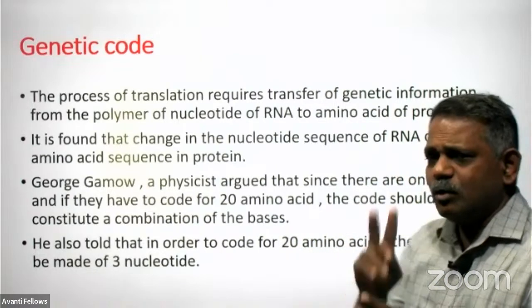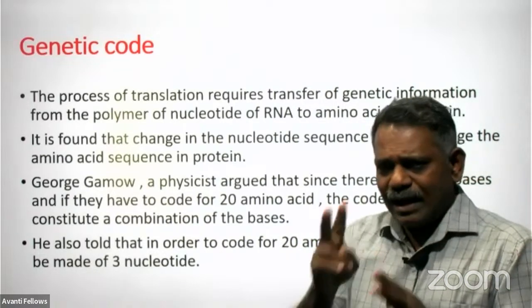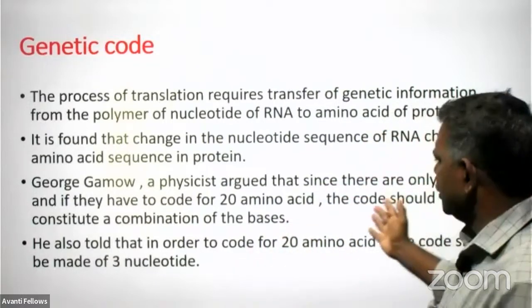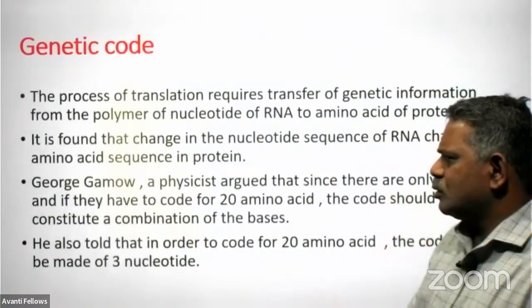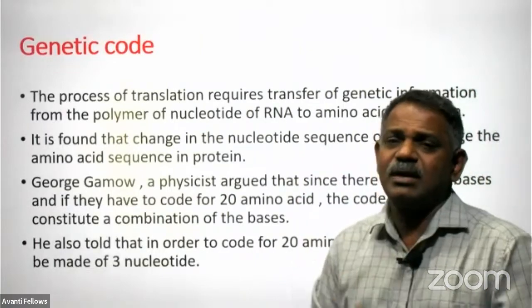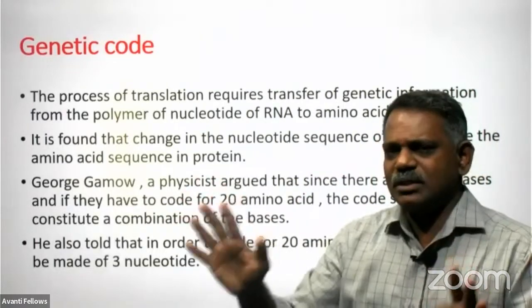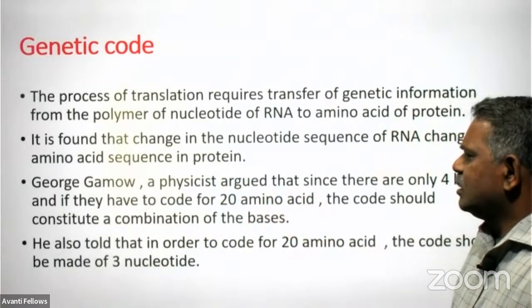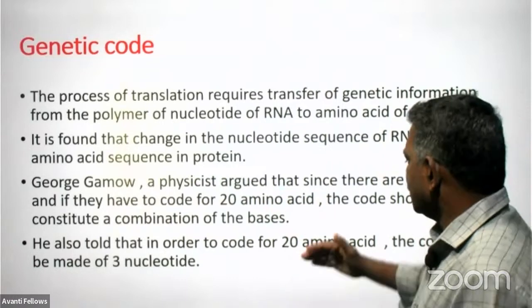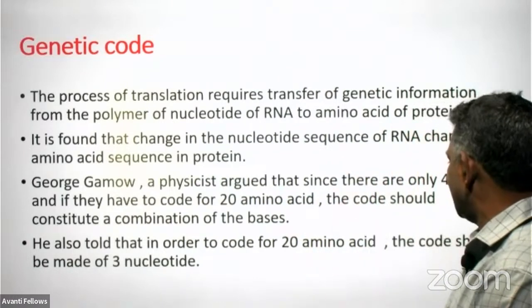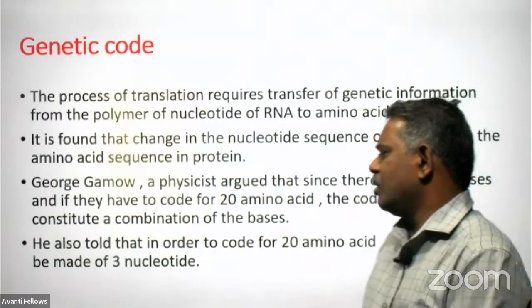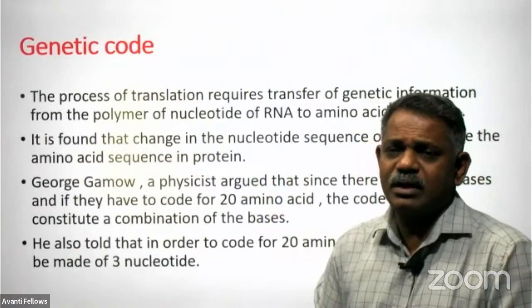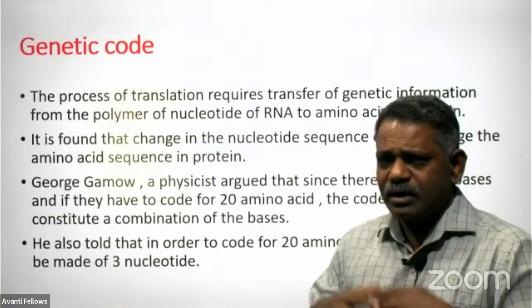If you combine 2 as what the genetic code and go for its combination, it is possible only to code 16 amino acids, 4 into 4, only 16 amino acids. But 20 amino acids are there. So he told that in order to code for the 20 amino acid, the code should made of 3 nucleotides. 3 nucleotide means what are the possibility?